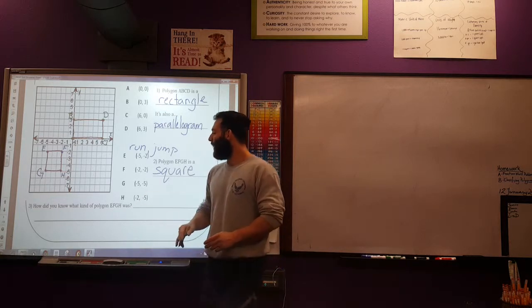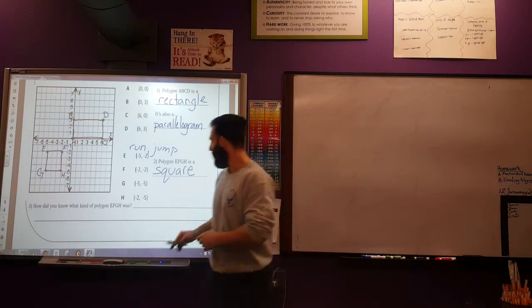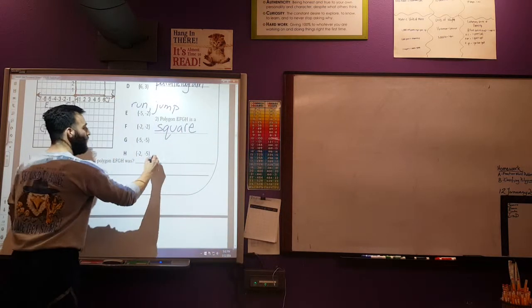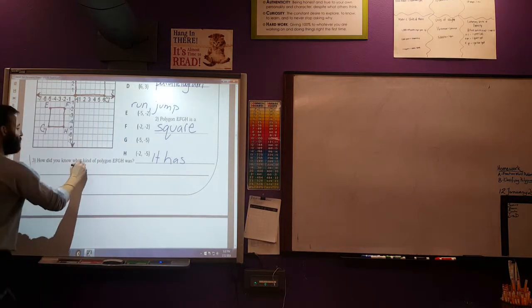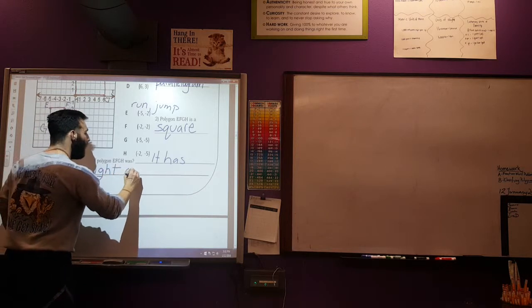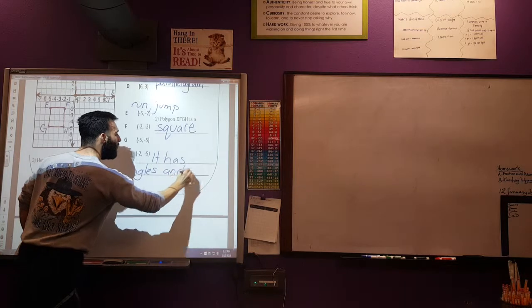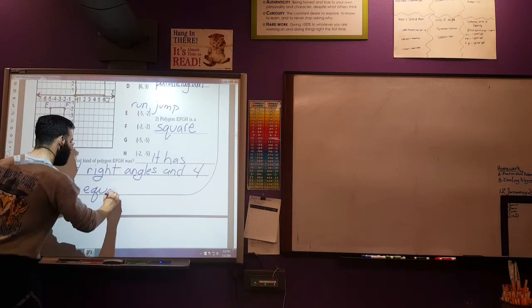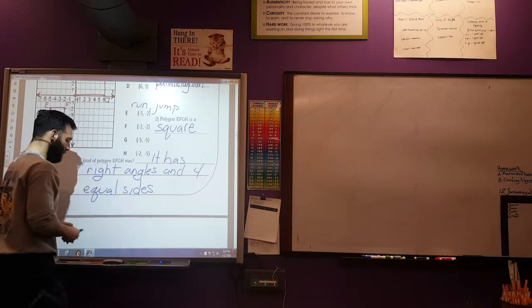And how did I know what kind of polygon EFGH was? Well, I looked at my definitions and I saw that a square has 4 right angles and 4 equal sides.